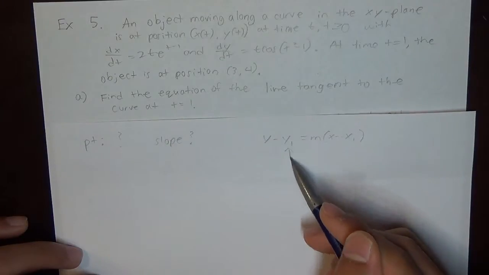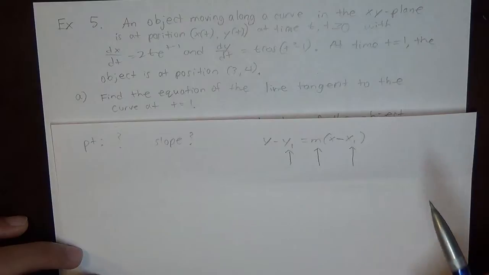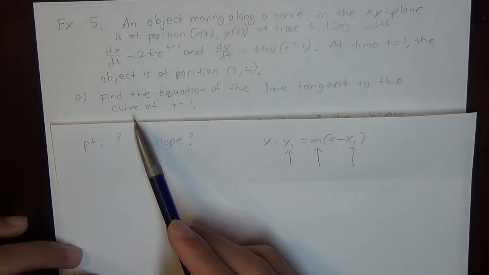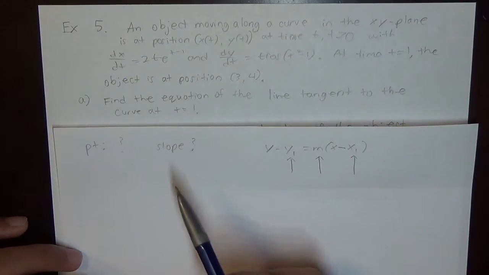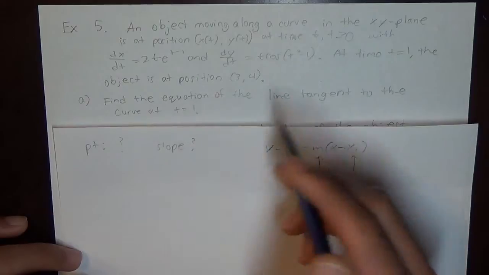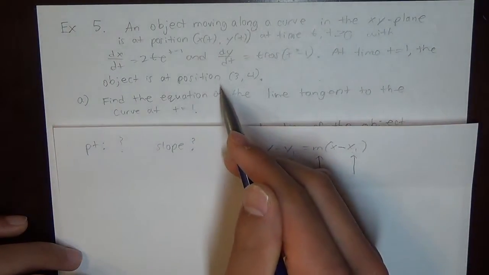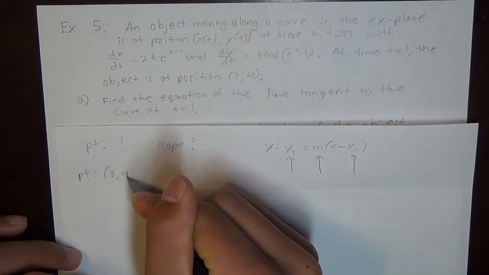So we need this, this, and this. It says find the tangent line at t equals 1, so that's important. The point is actually given to us: at time t equals 1, the object is at position (3, 4). So the point is (3, 4).